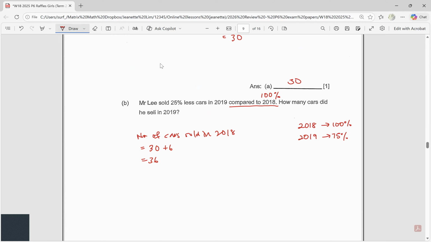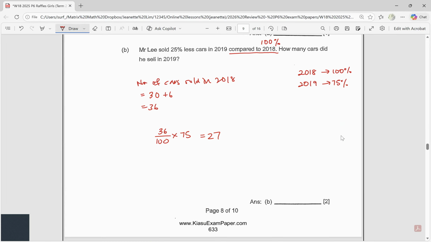Now that is your 100%. You want to find 2019, you should be finding 75%. So I will take 36, divide by 100 to get 1%, then times 75, which is 27. So how many cars did he sell? Answer, 27 cars.